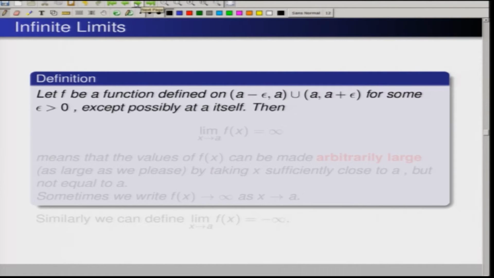Till this point we have considered a to be a real number, and the limit L to be a real number.